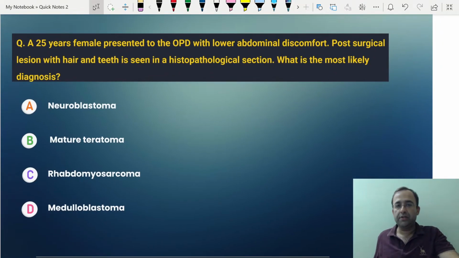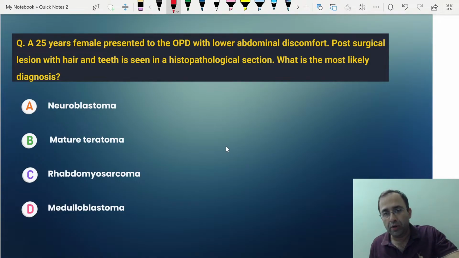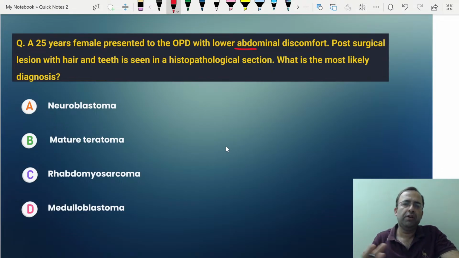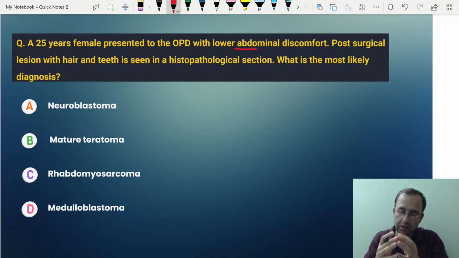Next question. You had a history of a young female presenting to OPD with lower abdominal discomfort. Whenever there is a history of a young female with abdominal discomfort, it means we are talking about the ovaries, post surgical lesion shows hair and teeth. Again, please tell me in the comment section whether a gross image of an ovary with hair and teeth extruding out was given, or was it written as an MCQ.